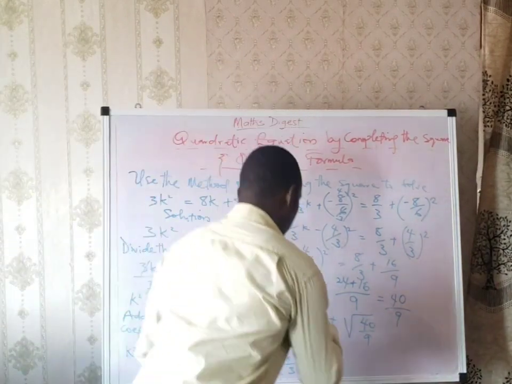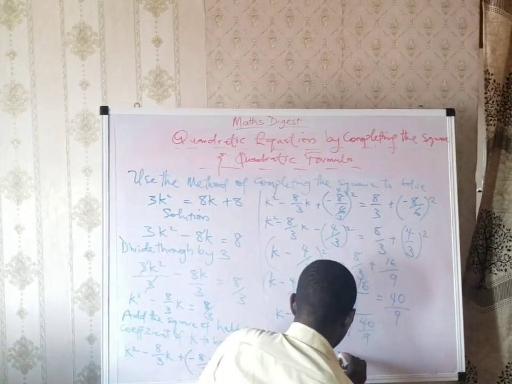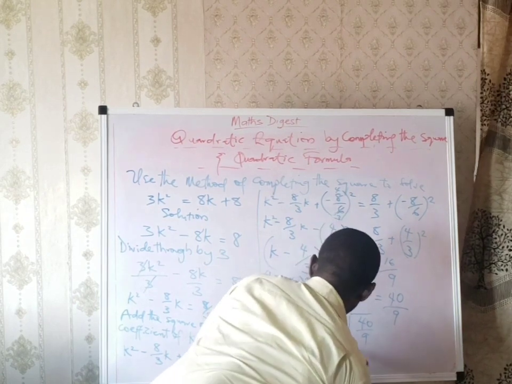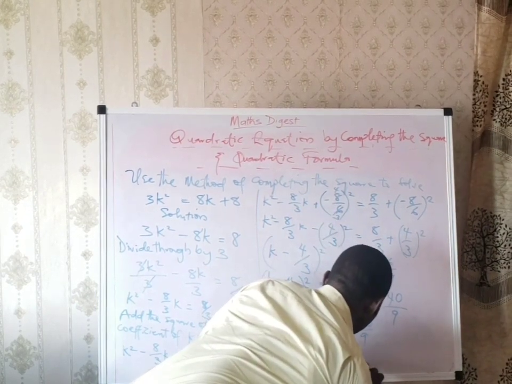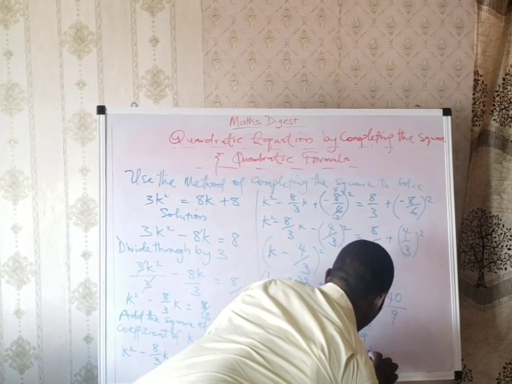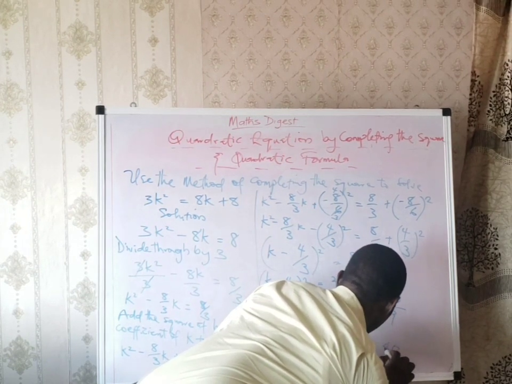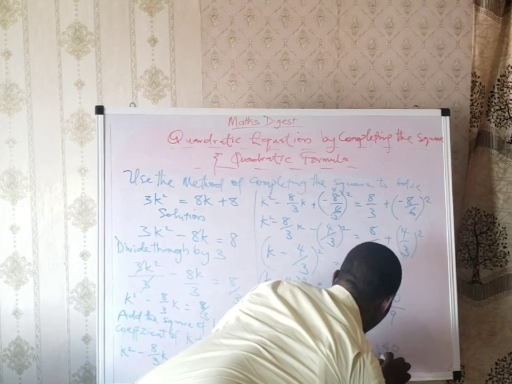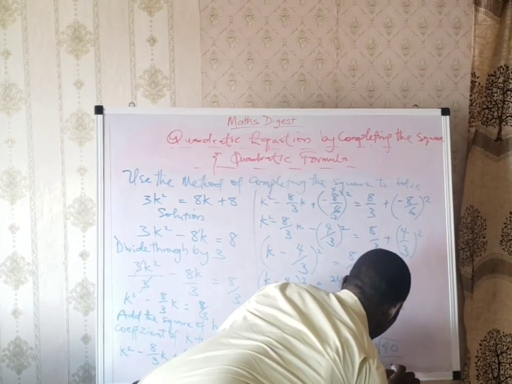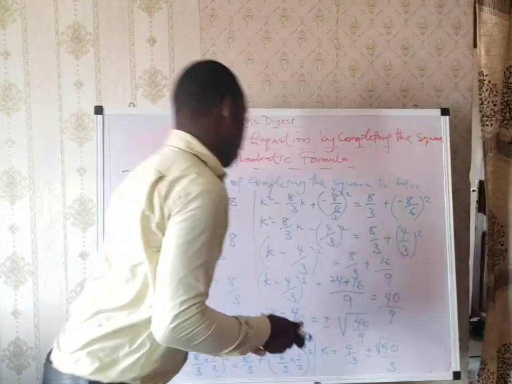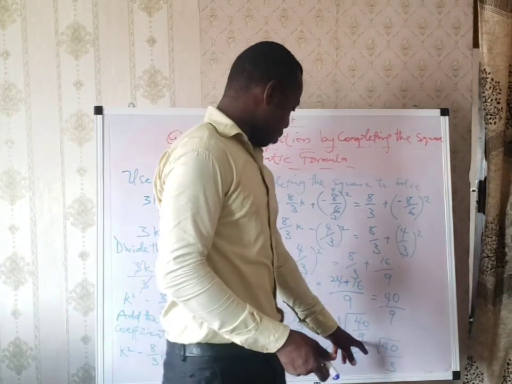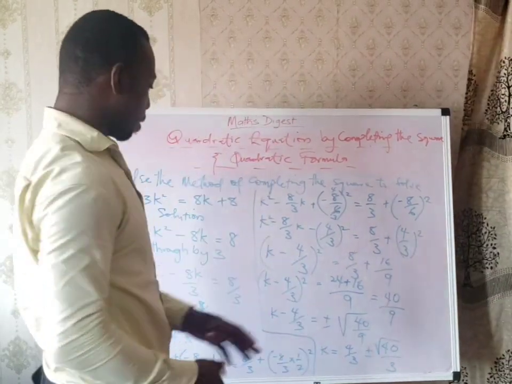Now, here we cross this to the equality sign. We have k equal to, this crosses the equality sign, will be 4 over 3 plus or minus square root of 40 over 3. Okay, because this is a perfect square, so we have 3 there.